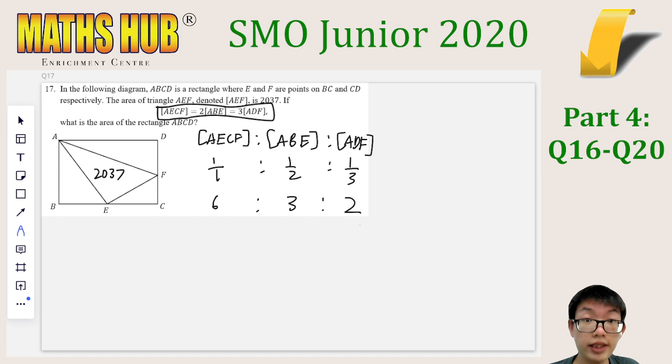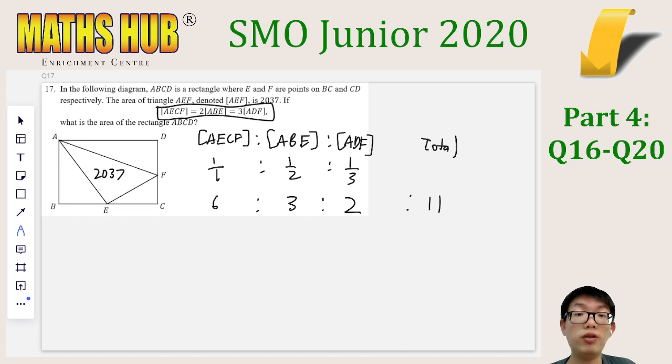Now, you notice that AECF, ABE, and ADF collectively form the whole rectangle. So that means that we can see that the rectangle is split in the ratio 6 is to 3 is to 2, and the total would be 11. So what is the use of this?